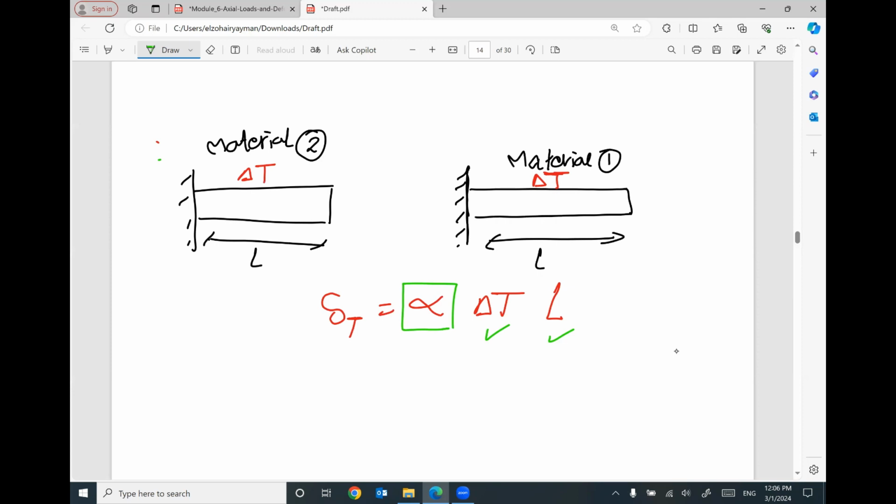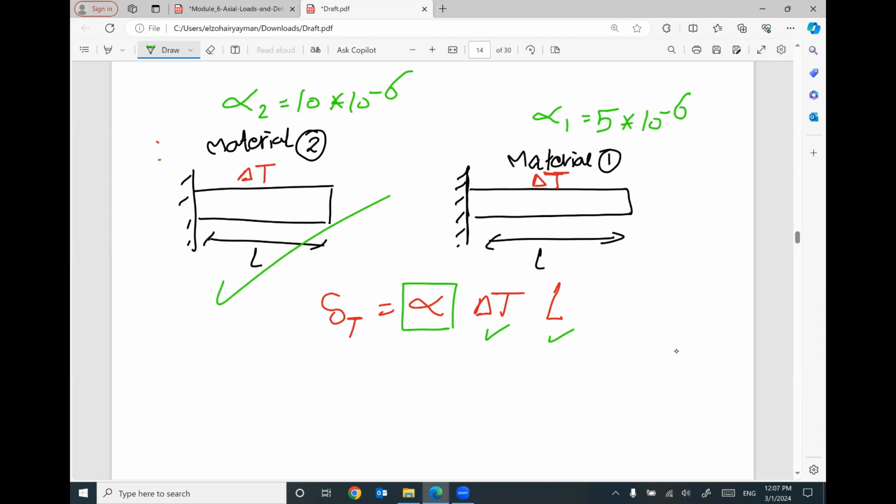So assume alpha 1 equals, for example, 5 times 10 to the power negative 6, and alpha 2 equals 10 times 10 to the power negative 6. So which one will elongate longer? The material number 2. Does that make sense?